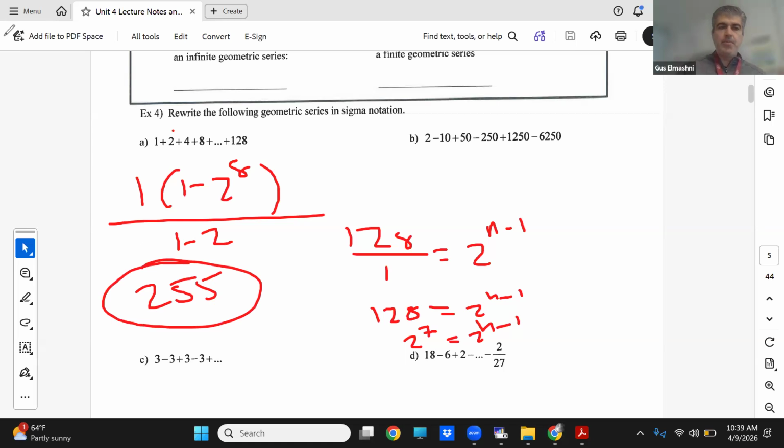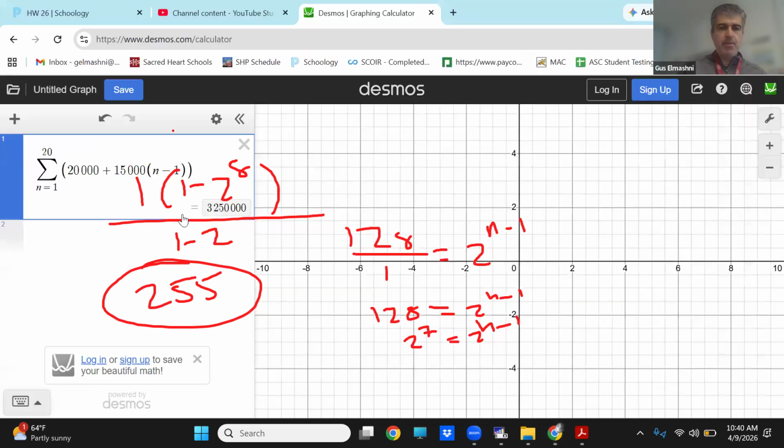Or you could do this. If I go to Desmos, 1 times 2 raised to the n minus 1. Why does it not like that?